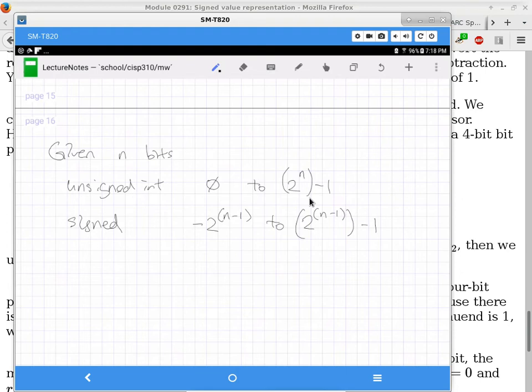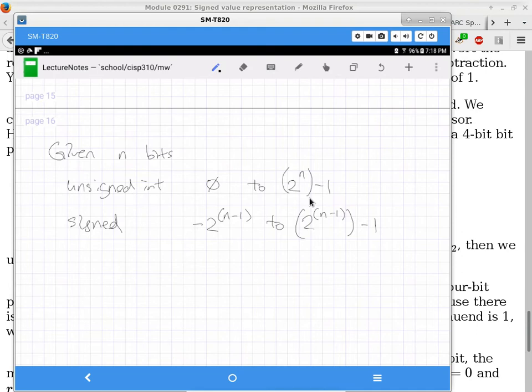0 is non-negative. But it's not positive, huh? Well, okay, that's a good question, because if you ask a math professor whether 0 is positive or negative, the math professor would probably say it is both, or it is neither. It's symmetric.